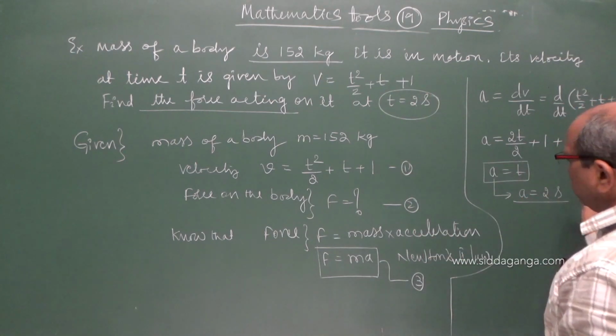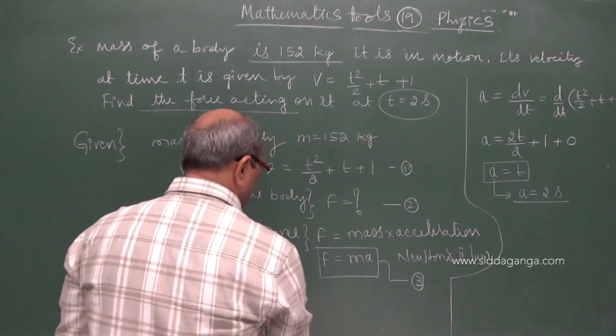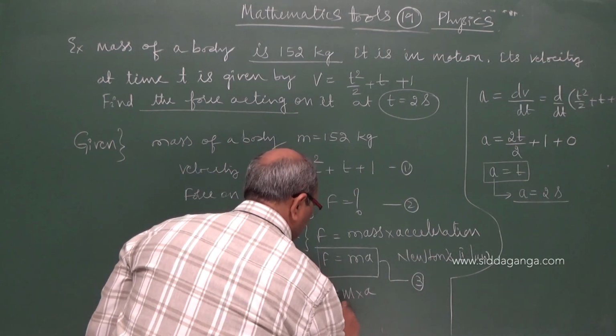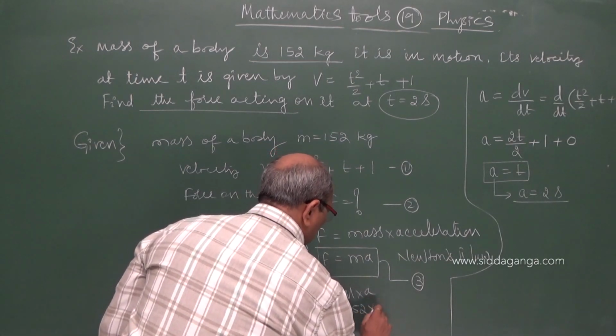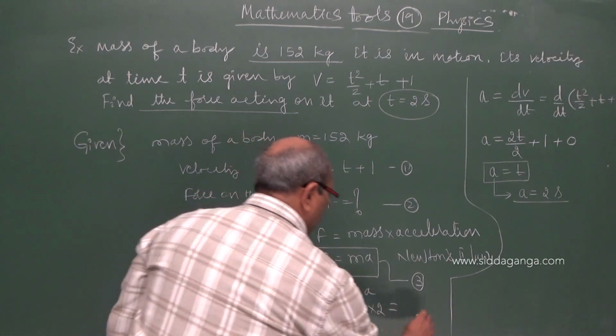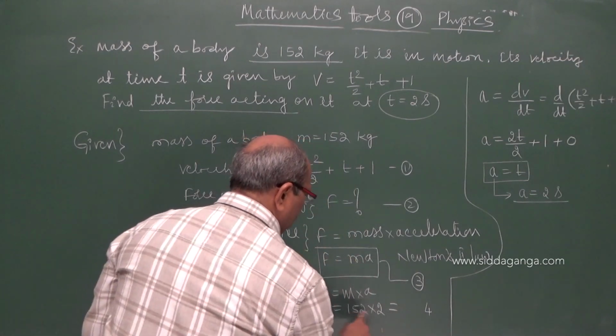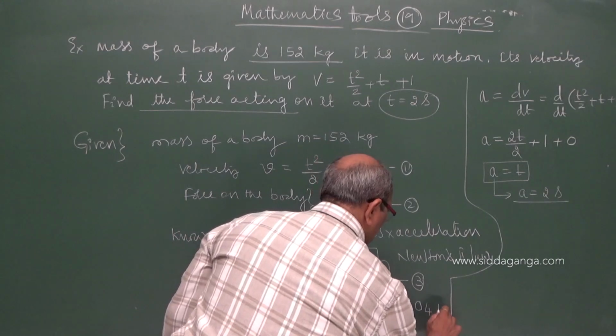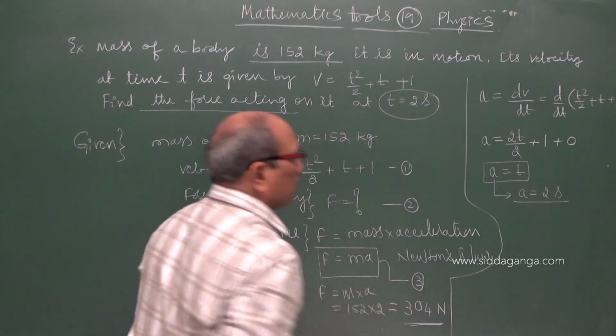So if I substitute A, F is equal to m into A, 152 into 2, which is 304 newtons.